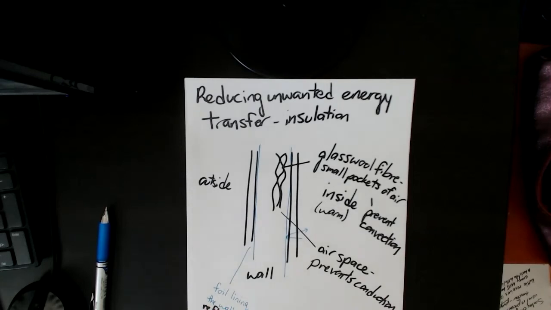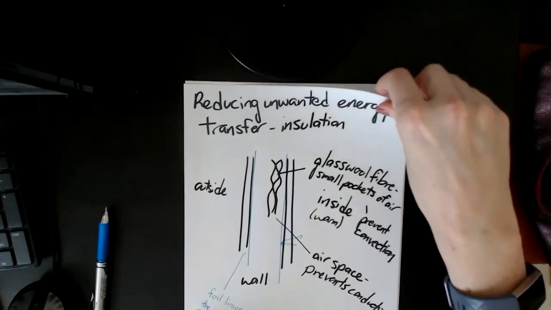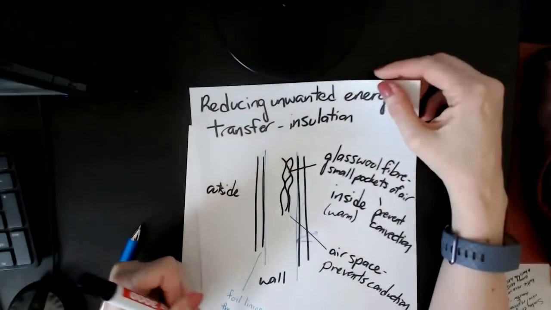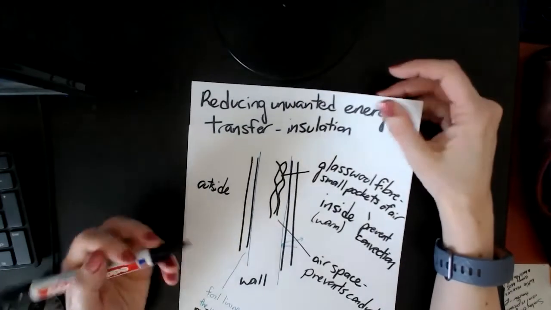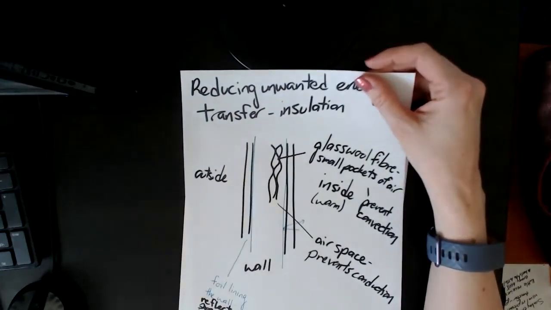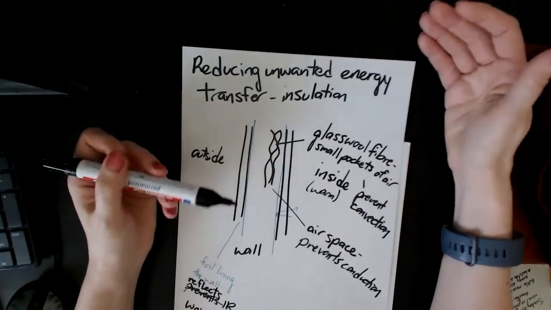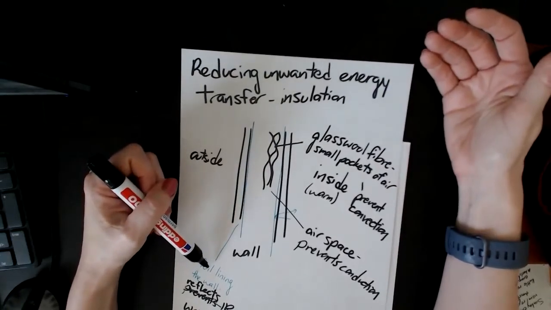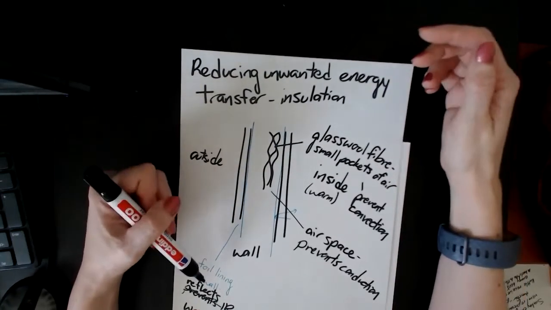The only other thing you probably should know is about windows. You want to prevent conduction and convection and radiation if you want to reduce unwanted heat transfer. The problem with windows is you can't put shiny stuff on them.